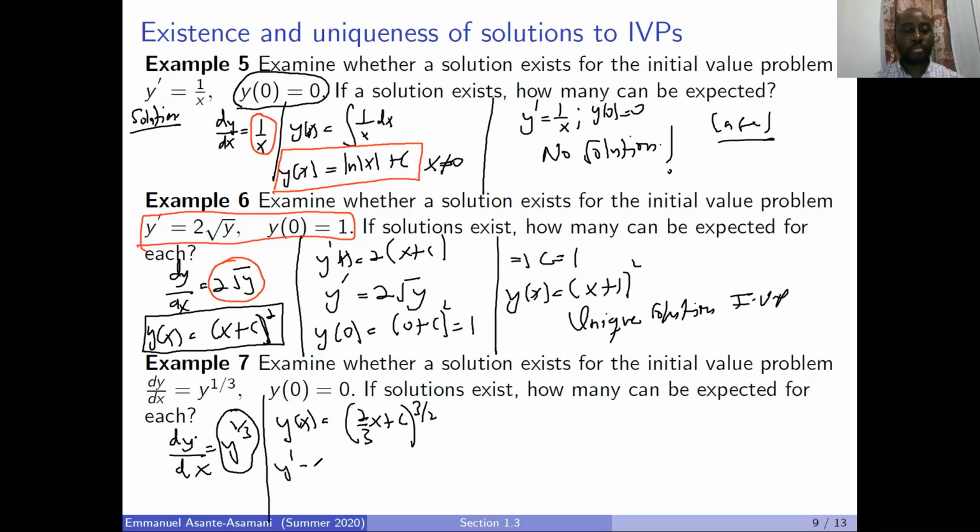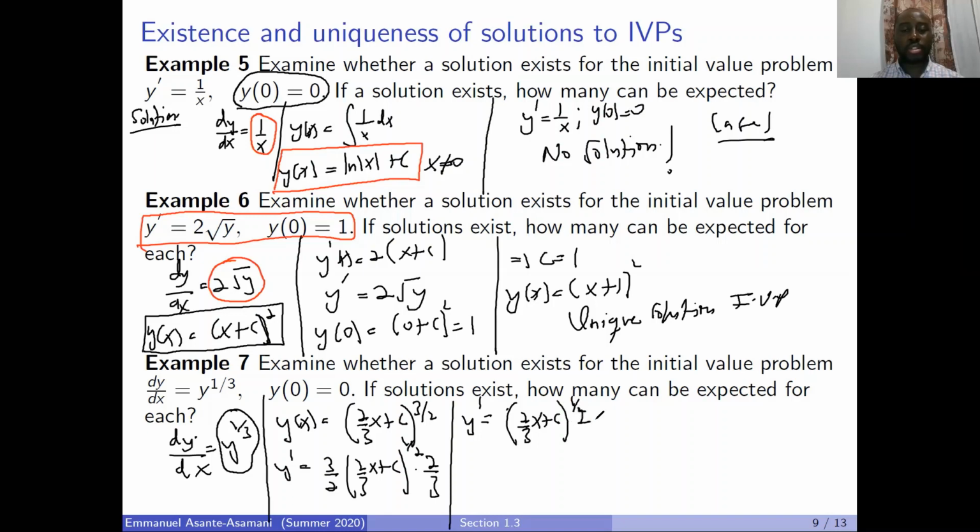Y prime is 3/2 times (2/3 x plus c). Now, if we subtract 1 from the exponent, we have 1/2, and this is now times 2/3. If we simplify that, my y prime is now what? (2/3 x plus c) to the 1/2 power.